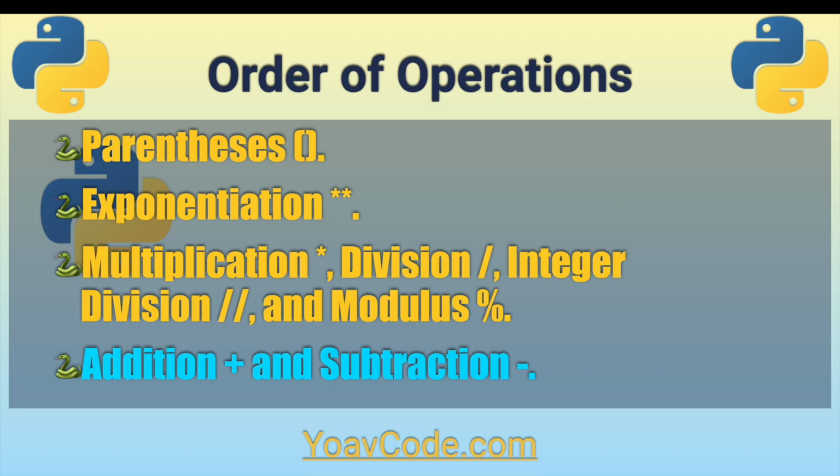Addition and subtraction. Finally, Python performs addition and subtraction, also from left to right. So, to sum up, parentheses first, then powers, then multiplication and division, and finally addition and subtraction. If you remember this order, you'll always get the correct result, even in complex expressions.